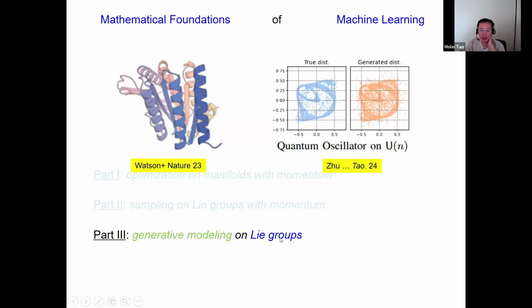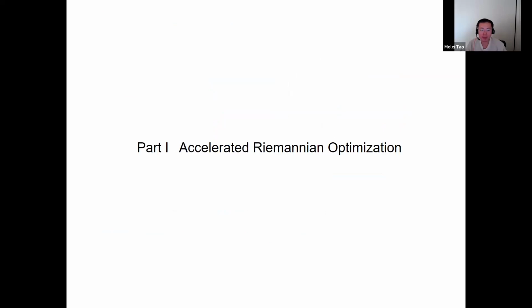It's a generative modeling on Lie group setup as well because quantum processes are living in unitary groups. So there you still have to do a lot of things to respect the geometry, and then you can get better performance and more trustworthy results. Okay, so I will elaborate all those applications later on, but let me start being more concrete.